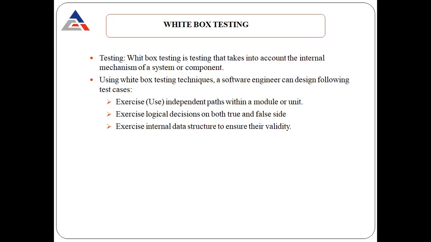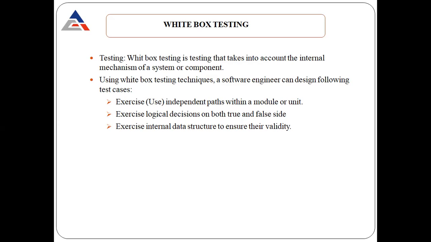First, use independent paths within the module or unit. Whiteboard testing can be performed by using all the independent paths, by which path or which functions we go first, second, third, fourth, and the final function used to get the output. Second, exercise logical decisions on both true and false sides.